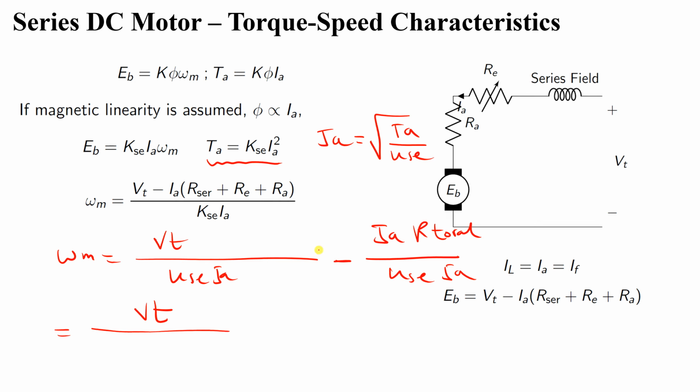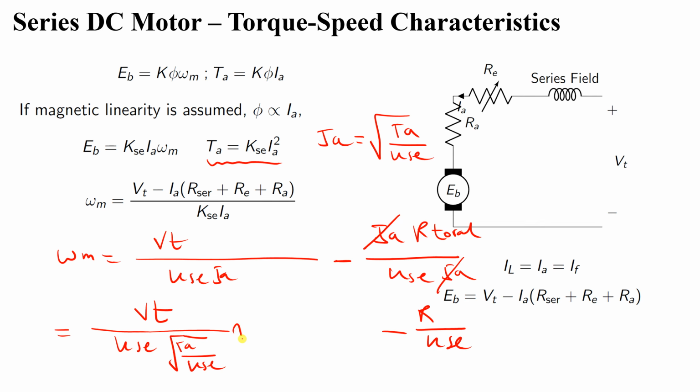Of course, IA will go as IA here, so we have R total over K series. Leave this for now. This is just a constant, negative R over K series. For this part, we have K series I armature, and K series I armature is the square root of torque times K series, so the square root of T over K series, right?